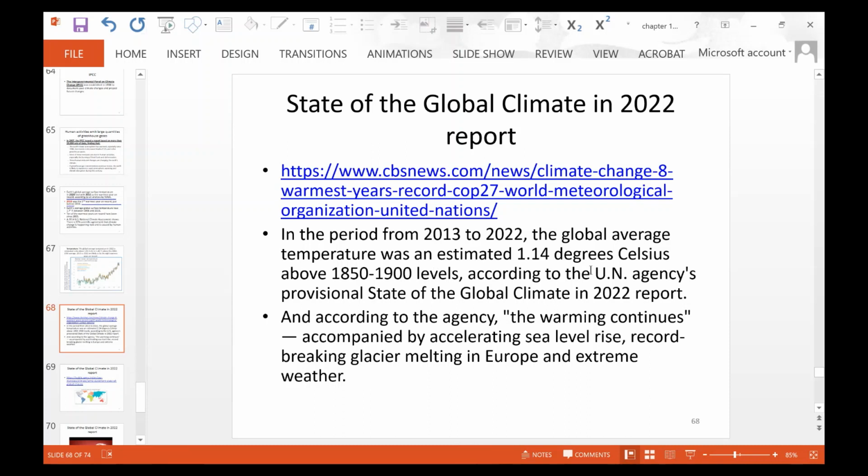And this is a report that's done by the UN agency's Provisional State of the Global Climate in 2022. And according to that agency, the warming continues, accompanied by accelerating sea level rise, record-breaking glacier melting in Europe, and extreme weather.